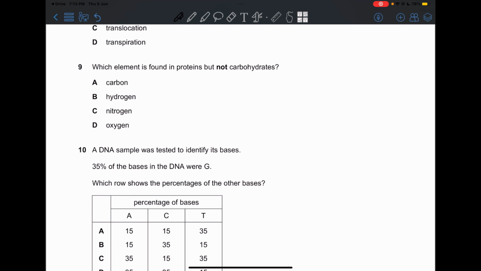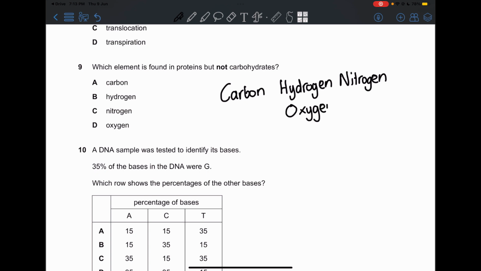Over here we know that proteins have carbon, hydrogen, nitrogen, and also oxygen. So there is something extra in the protein that is not found in carbohydrates or lipids. We know that this is nitrogen, so our answer will be C.